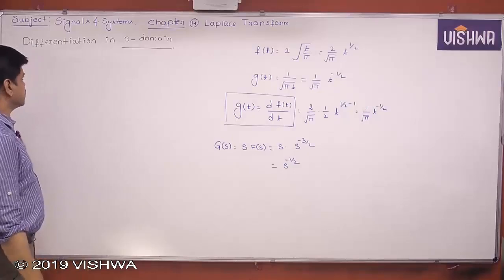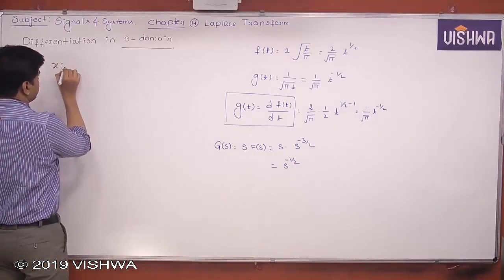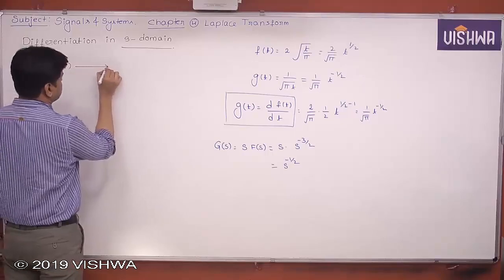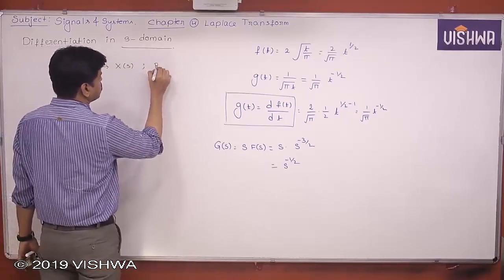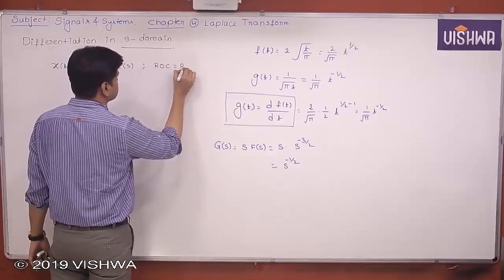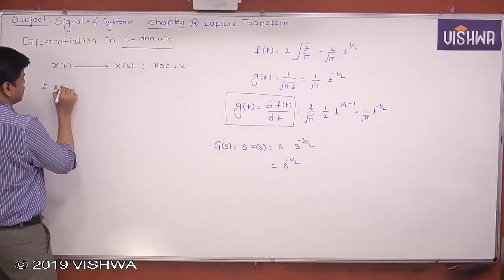Differentiation in S domain. That means, let's say, if x of t having Laplace transform x of s with ROC R, then what is the Laplace transform for t x of t?